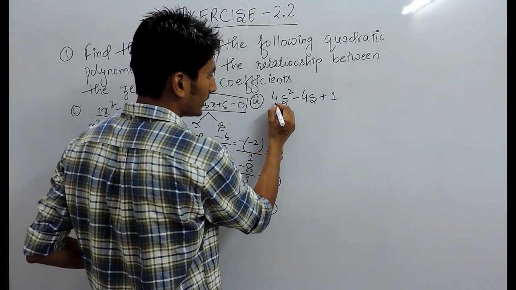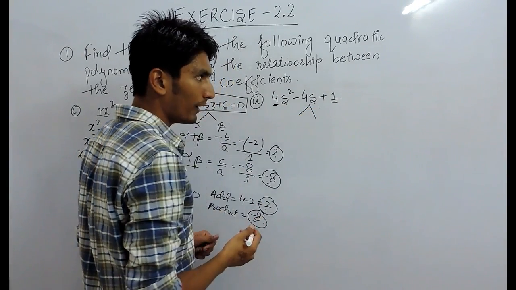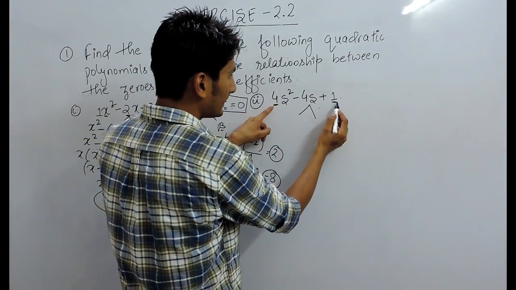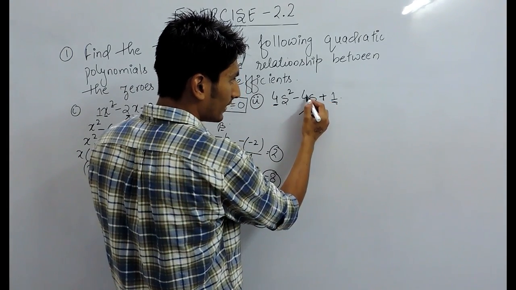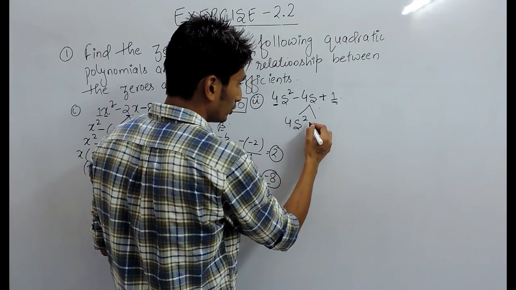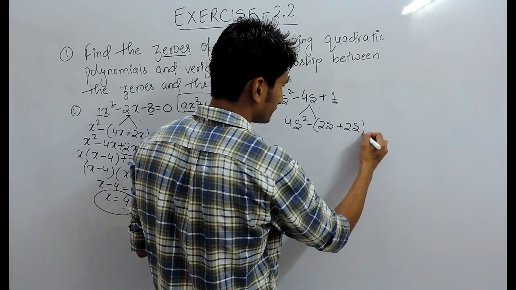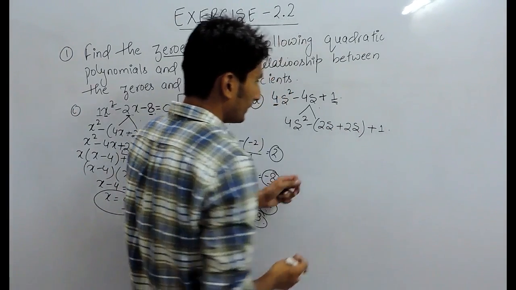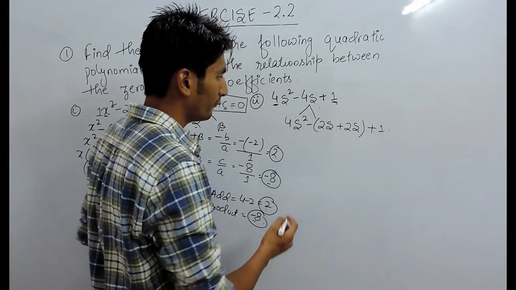Again, you have to think of two numbers, or you can say you are dividing 4s into two parts such that multiplying them will give 4 and adding them will give again 4. So obviously the two numbers are 2s plus 2s. Multiplying these two will give 4 and adding these two will give again 4.